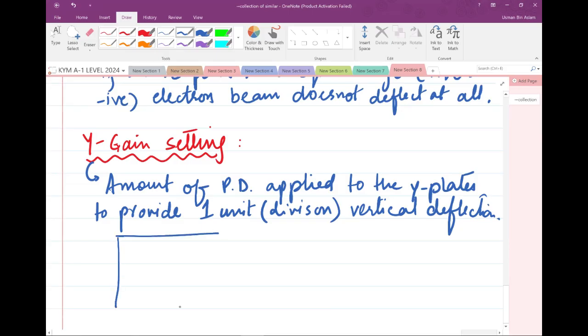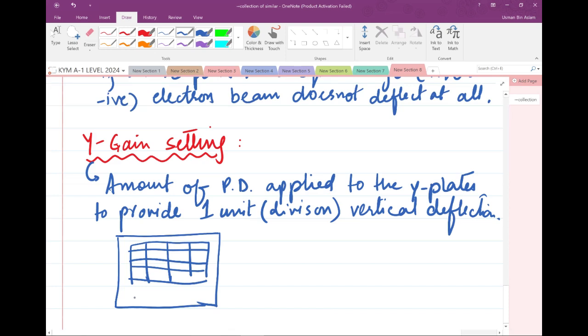If you look at a CRO, there will be a lot of controls. There will be a little screen like this on which the waves will be displayed. There will be a lot of buttons and controls on a modern CRO. But basically, what is important is there is going to be a little knob over here and a little knob over here.